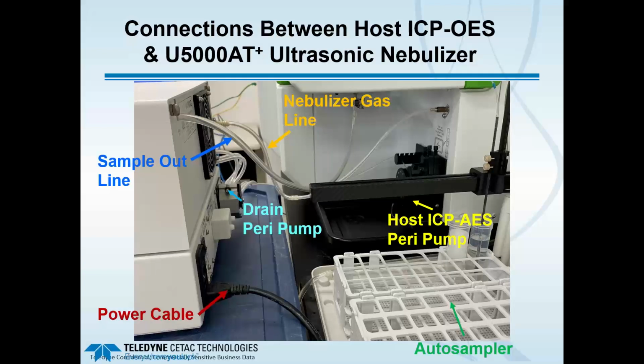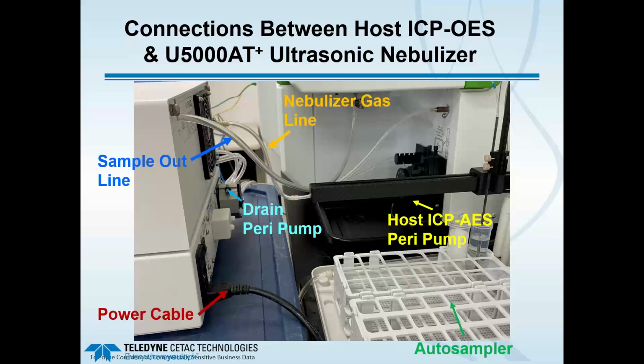So I do want to go over this in a little bit of detail, just to show you the main points of connection between the host ICP and the ultrasonic nebulizer. We'll start down in the lower left with the red callout for the power cable. That's very straightforward. You simply connect that and turn on the power switch just above the power cable entrance.